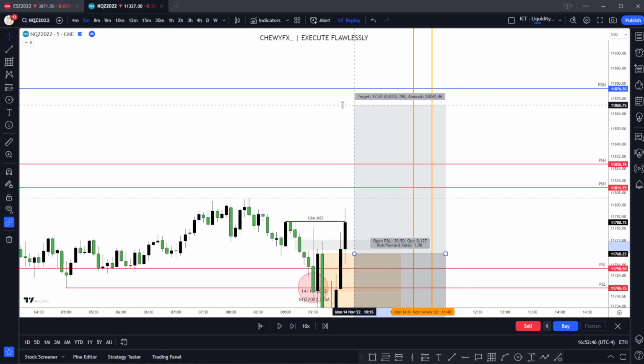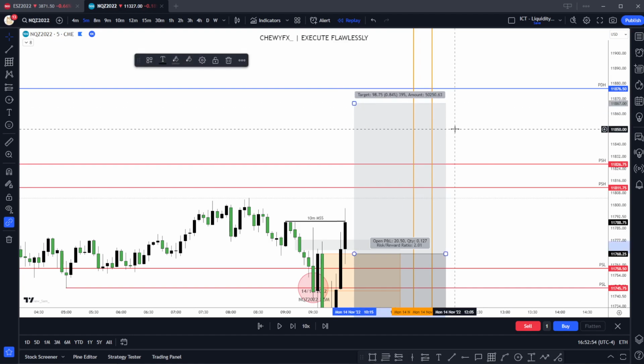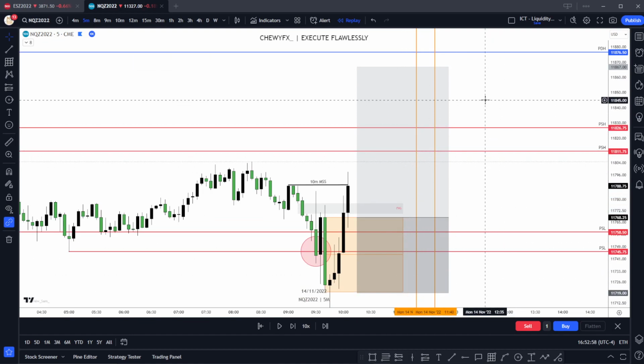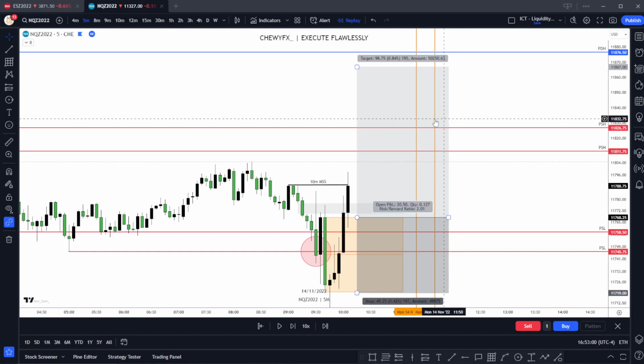Because me personally, if the odds are that my entry is not going to be tagged, I'd rather just not take the entry. So because the stop loss is above 100 ticks and below 200 ticks, this is a valid entry. We just need to adjust our risk to reward to 2R rather than the 3.